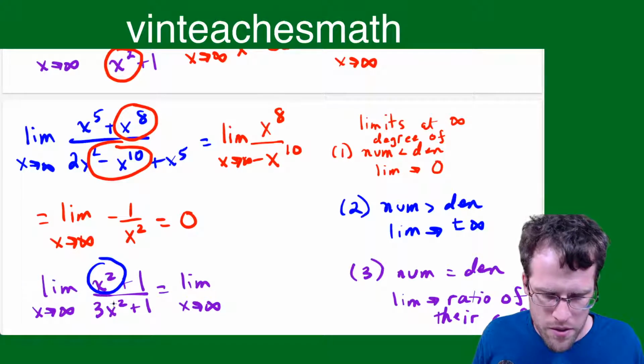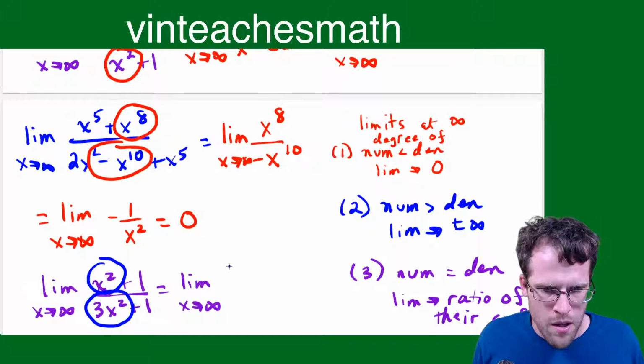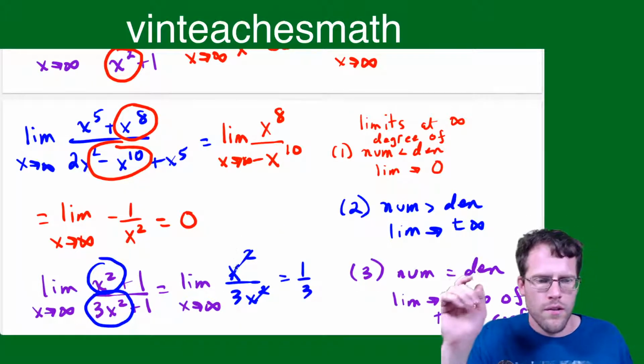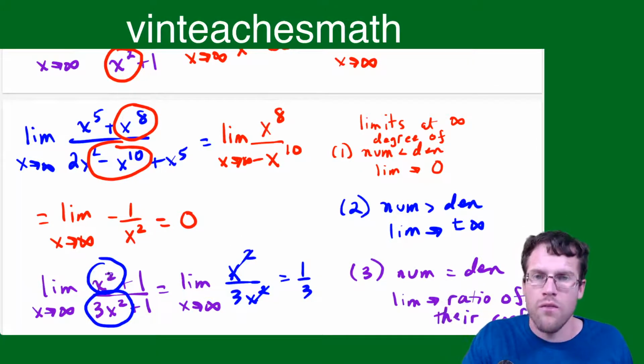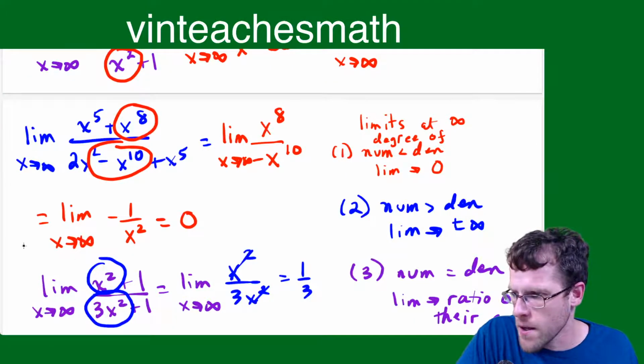Oh, it's taking forever to undo. All right, and 3x squared on bottom. So this is x squared over 3x squared, and now x squared cancels. This is going to equal 1/3. But notice it's the ratio of the coefficients. So this is a big idea.